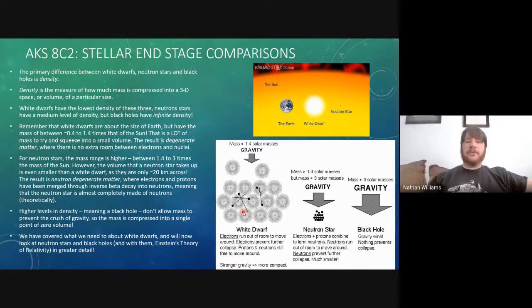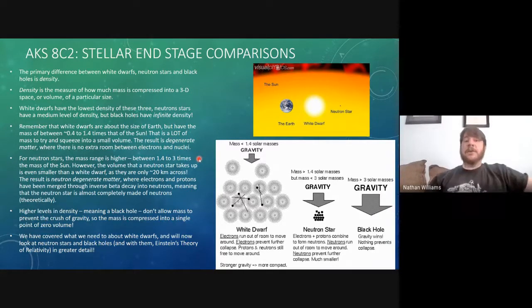The electrons do not want to be merged with any protons. That resistance we call electron degeneracy pressure. But the amount of gravitational force acting on a star's core that is over 1.4 solar masses is going to be so powerful that this electron degeneracy pressure just cannot resist it any further.